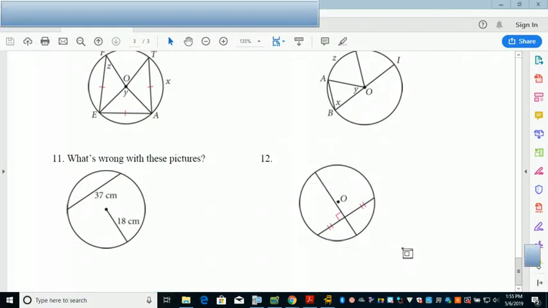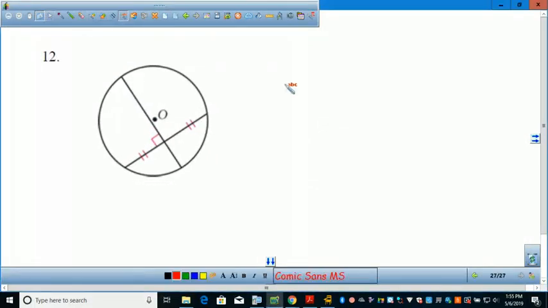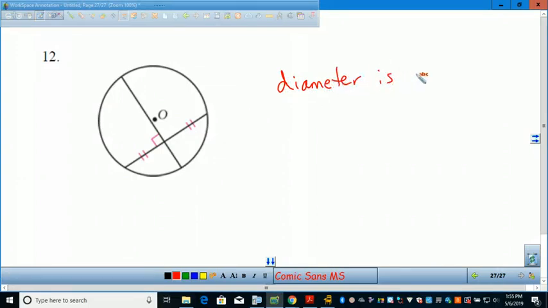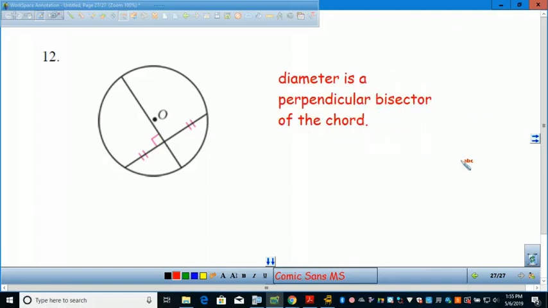What's wrong with 12? Look at your theorems. Doesn't it say that the diameter is a perpendicular bisector of the chord? So what's wrong? Anyone can see what's wrong or not?